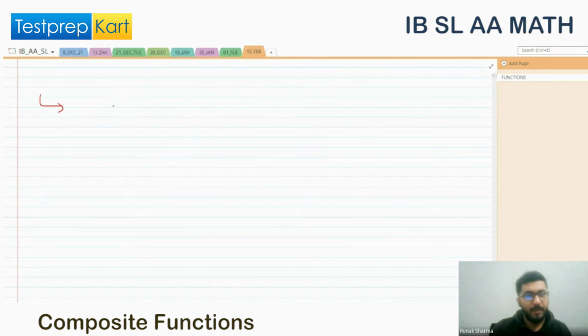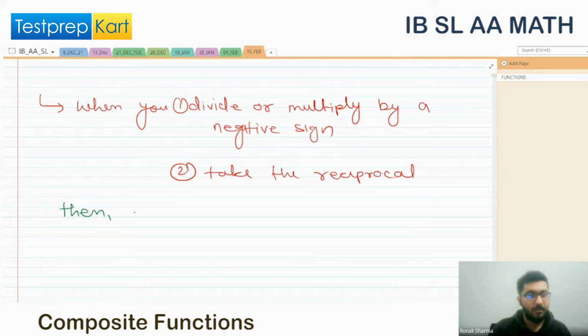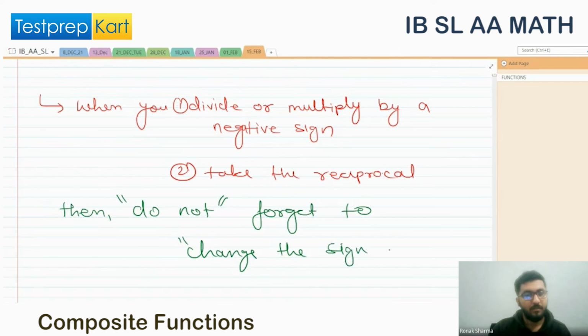That when you divide or multiply by a negative number, or you take the reciprocal, then do not forget to change the sign of inequality. Note it down, then I'll explain it.